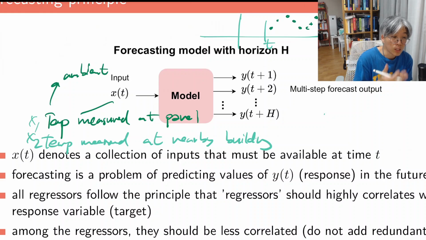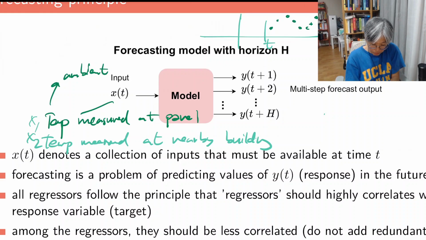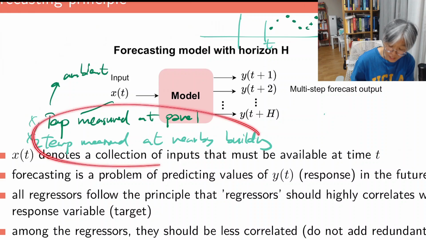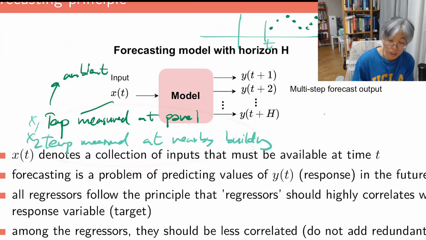In this situation, I think these temperatures would be in the same range because the ambient temperature doesn't change much in a small area. So in this example, X1 and X2 tend to be highly correlated. So you don't need to add two of them. You can pick only one. Okay.